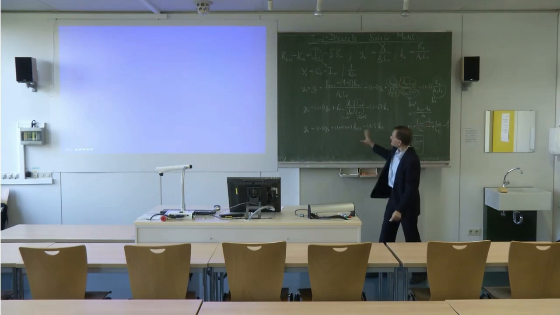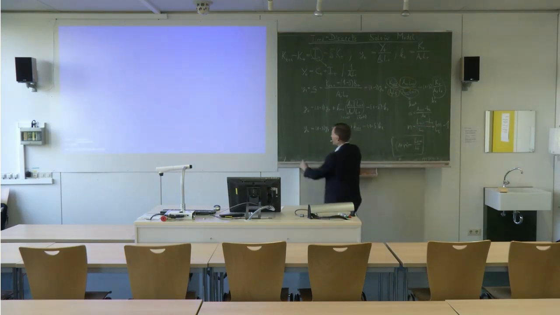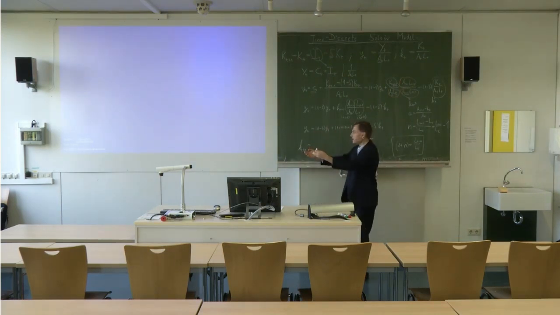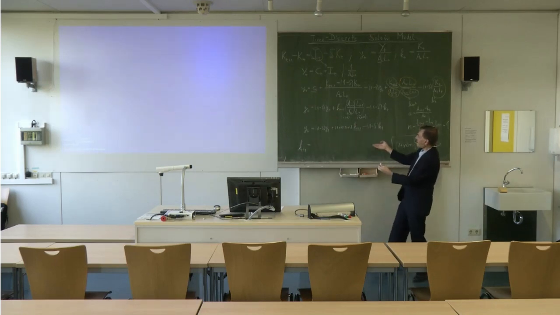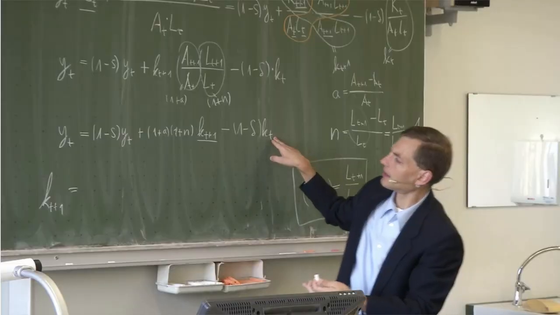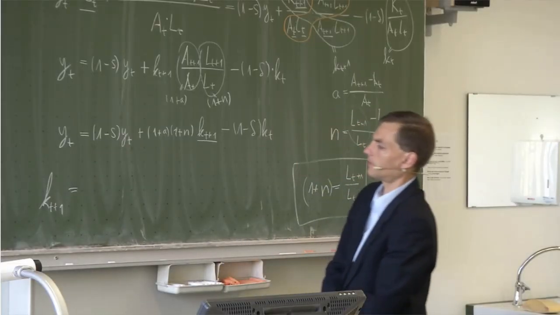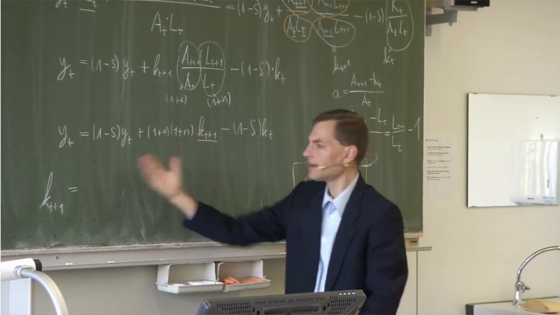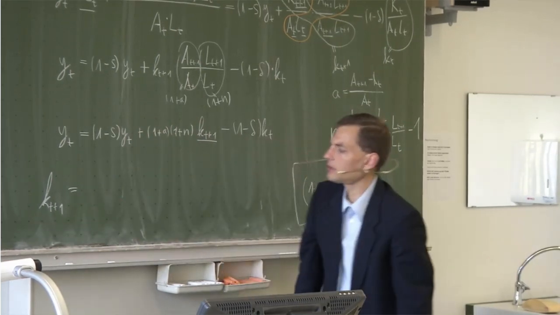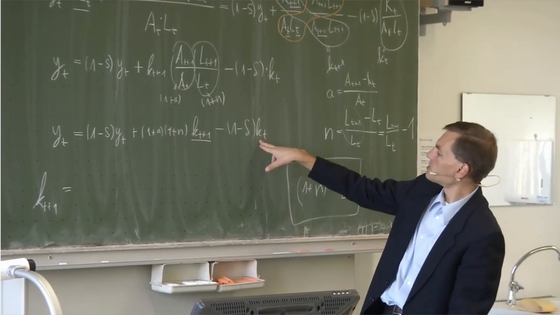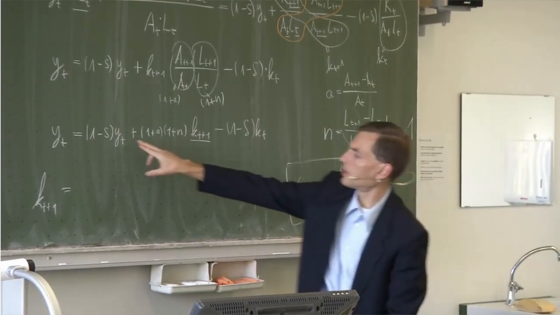So when I rearrange this equation, on the left-hand side I just want to have kt plus 1, which is the capital stock in the next period, and on the right-hand side I just have terms based on today, period t. That's possible, I just have to rearrange this line so that on the other side there are all these terms with kt or yt.